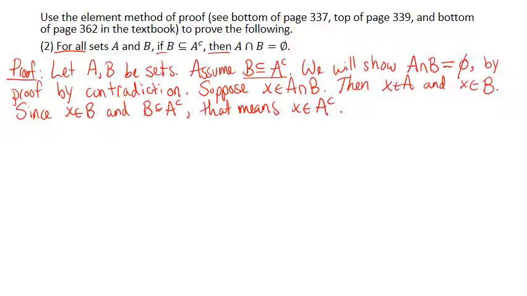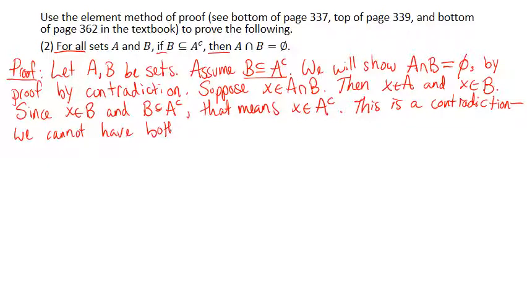Okay, so now we have a contradiction. We cannot have both X is an element of A and X is an element of A complement, because A and A complement are disjoint.